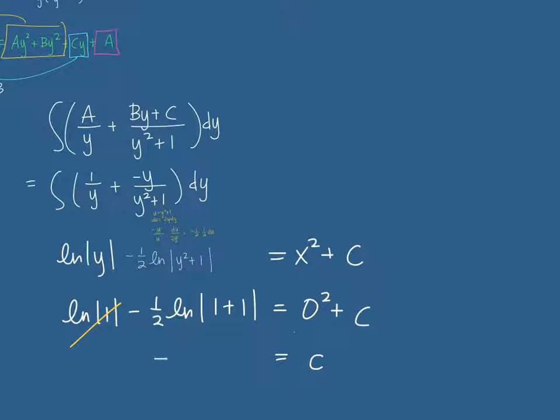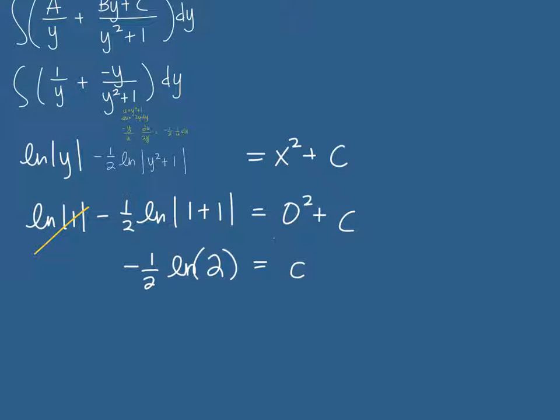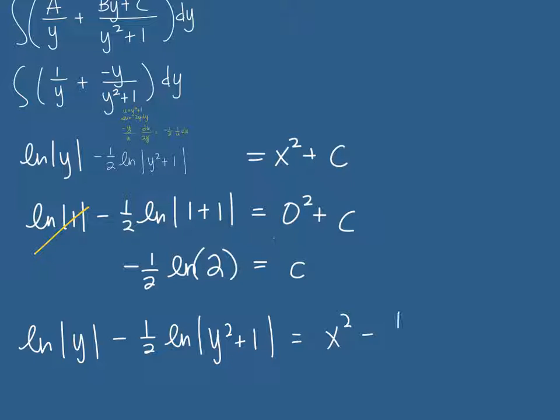And so c is equal to negative 1/2 of the natural log of 2. That's the constant for c. So my equation is the natural log of the absolute value of y minus 1/2 of the natural log of the absolute value of y squared plus 1 equals x squared minus 1/2 of the natural log of 2.